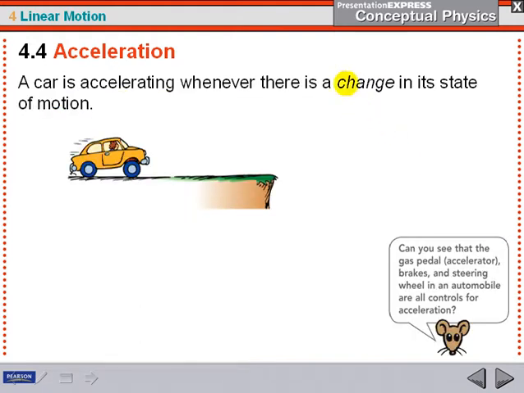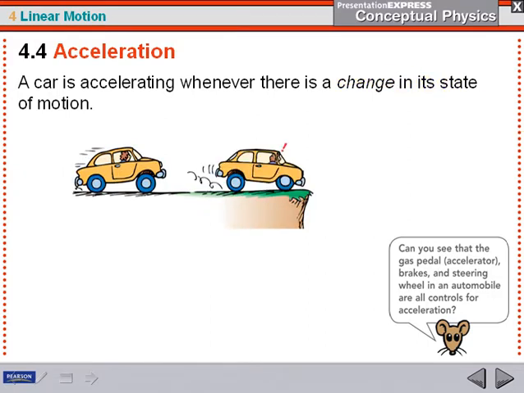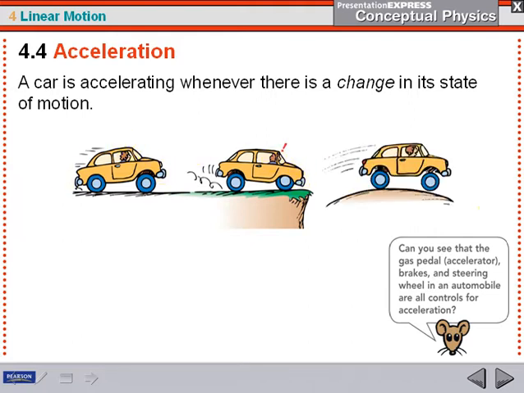So once again, acceleration is a change in its state of motion. We have a car here going towards a cliff. It was speeding up here, it's slowing down here, and now as it's going over a hill, it's changing its direction in that it's going upwards, then it's leveling out, and then it's going downwards.